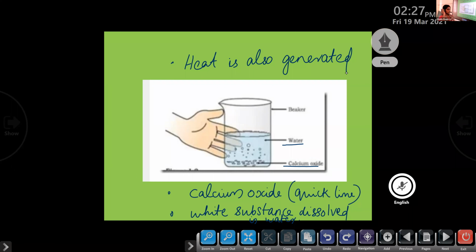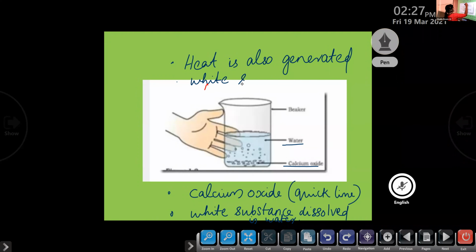I'm repeating this experiment again. We take a small amount of calcium oxide in a beaker and add a small amount of water to it. This calcium oxide is otherwise known as quicklime. After some time, the calcium oxide dissolves in water and a white solution is obtained, and we can feel hot when we touch the bottom of the beaker. This white substance obtained is known as calcium hydroxide.